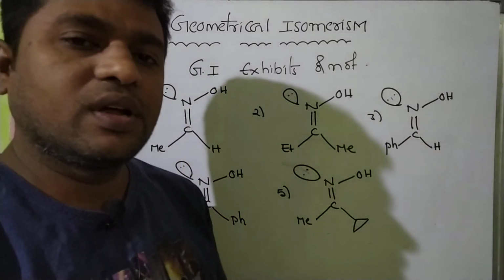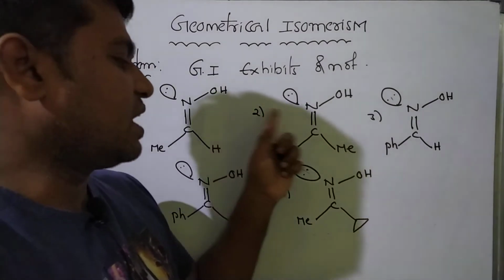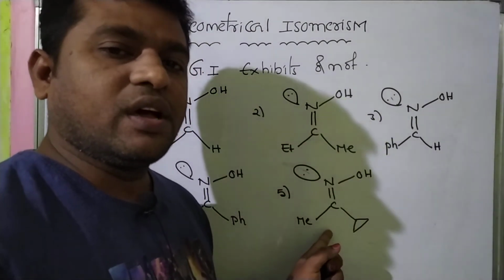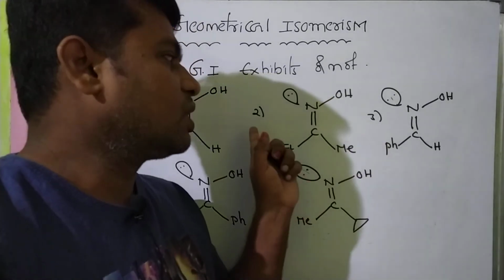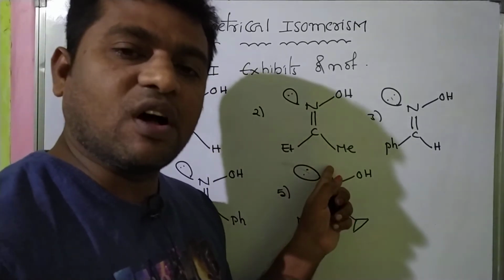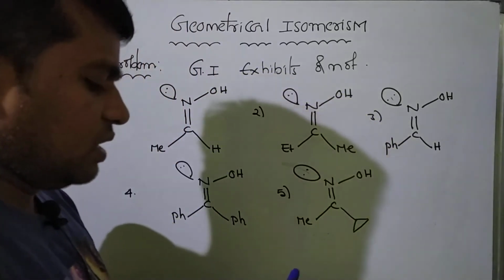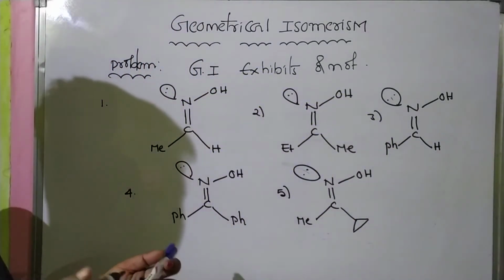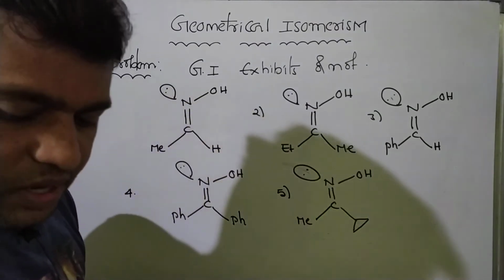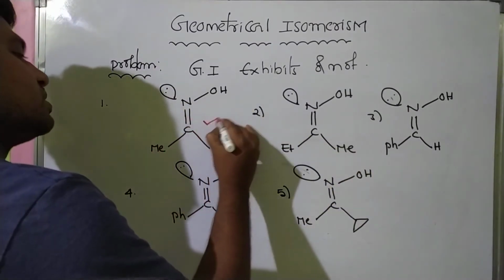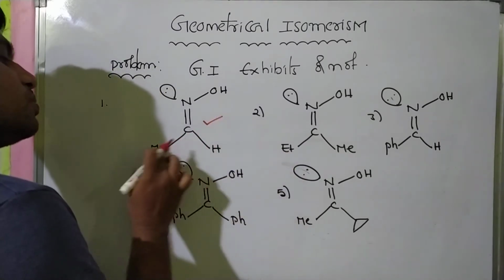Okay, students, these are five different oximes listed on the board. Please tell which oximes will show geometrical isomerism and which will not. First, come to the first one. Here this will give geometrical isomerism, because these two groups, methyl and hydrogen, are different.